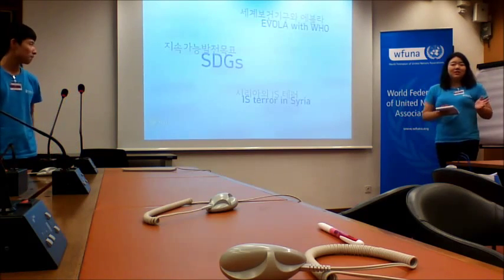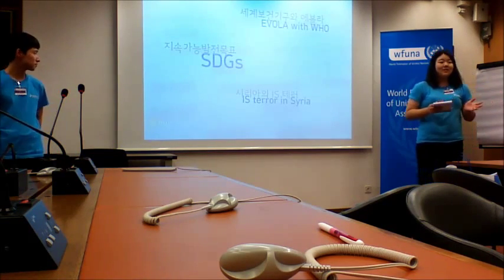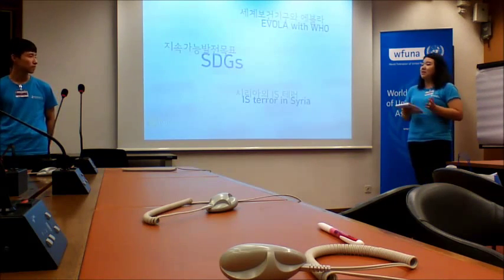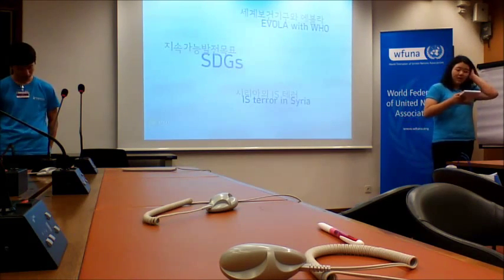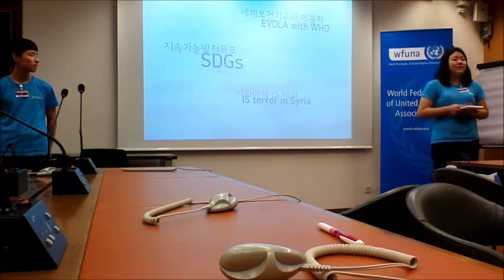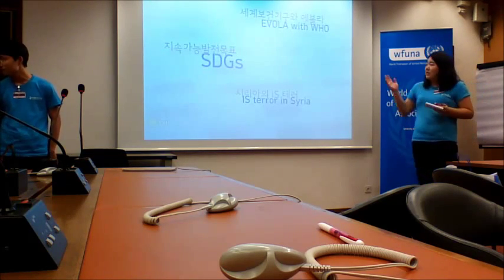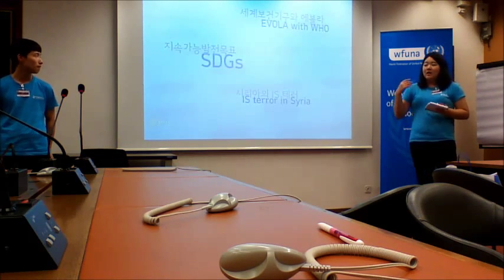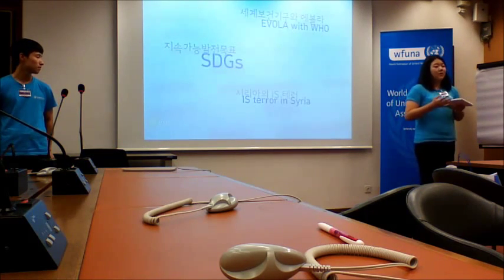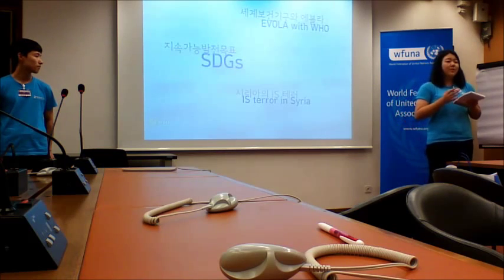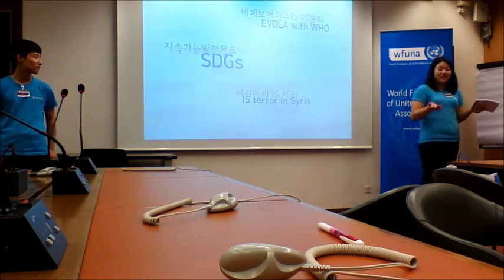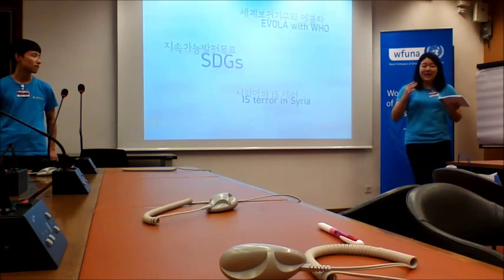The United Nations has done thousands of activities, and we chose the 3 biggest issues of this year. Firstly, Ebola with the WHO. Ebola, a disease that started in Africa, struck even Korea when the first infected person appeared in Korea, and the whole world became in danger.